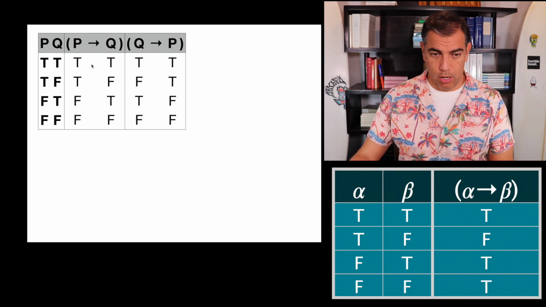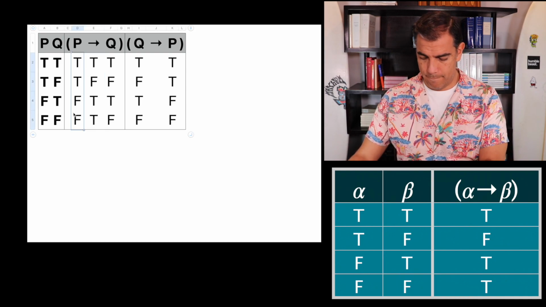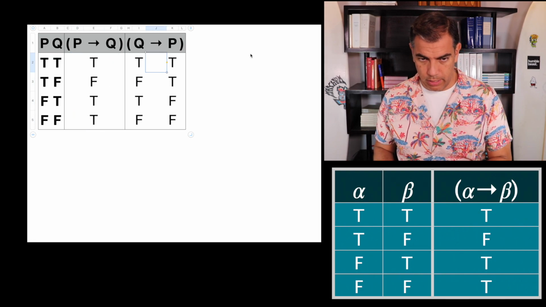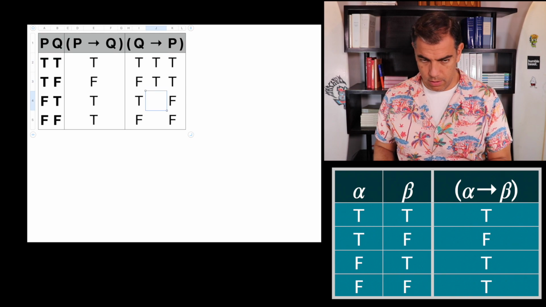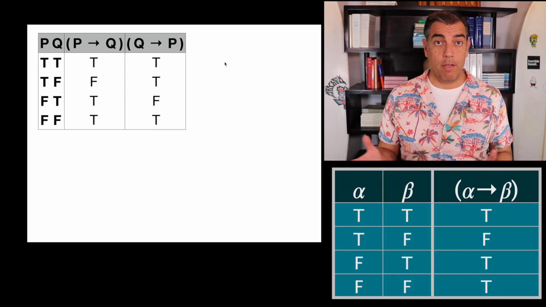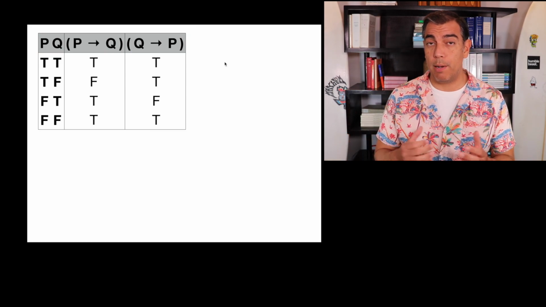And that happens on row 2 for if P then Q. And row 3 for if Q then P. And there we go. We have all of our possible combinations of truth values for our two complex propositions here.